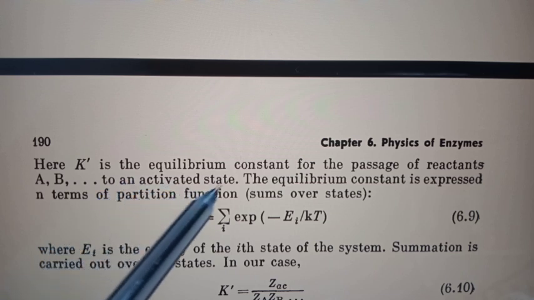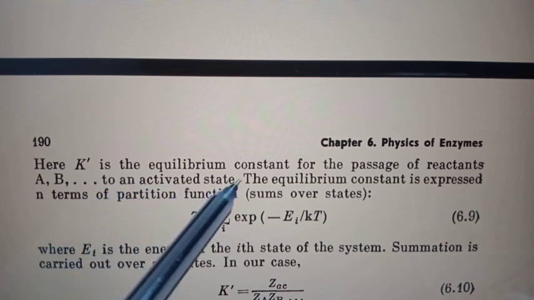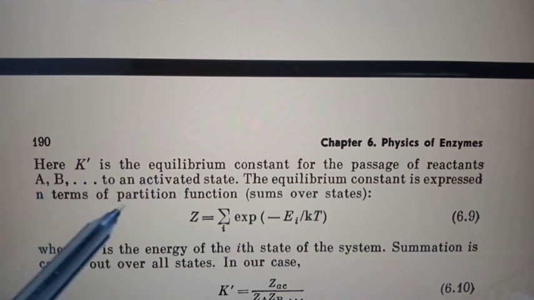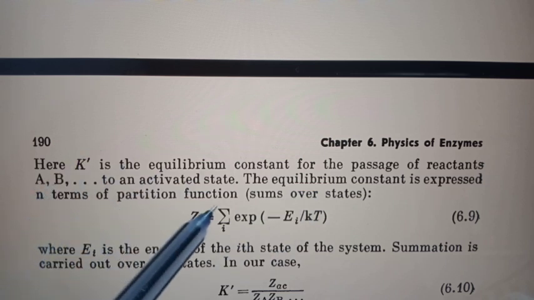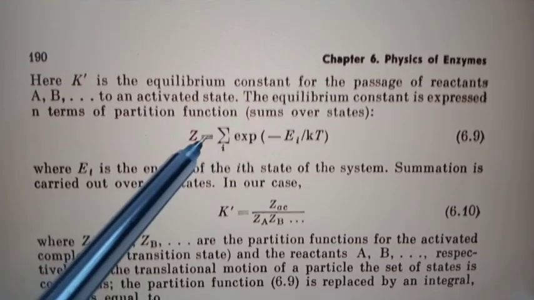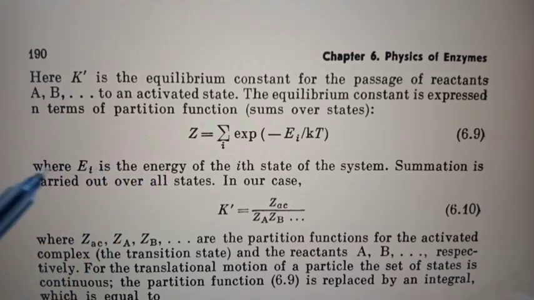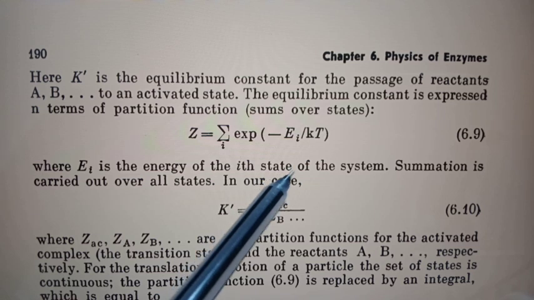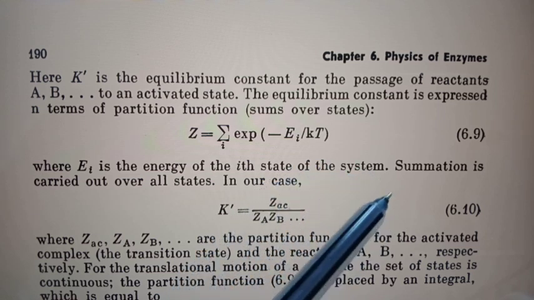The equilibrium constant is expressed in terms of partition functions, the sum over states of this expression, where Ei is the energy of the ith state of the system.